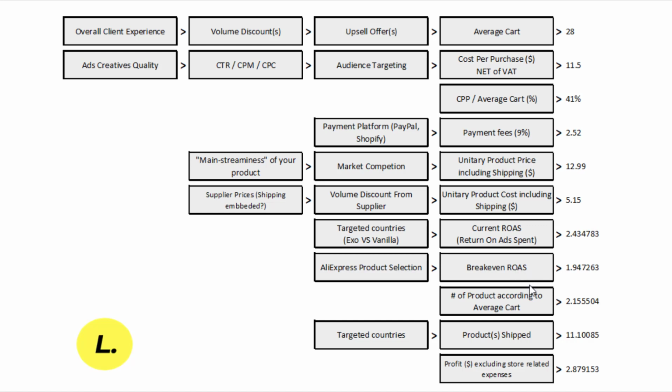Roughly that's what I wanted to discuss. Last thing is targeted country. It's also linked to where you ship and the price. You cannot expect your supplier to provide the same price irrespective of the country.